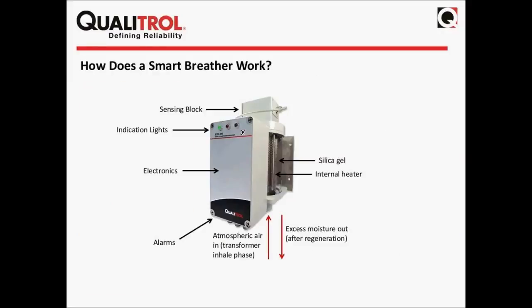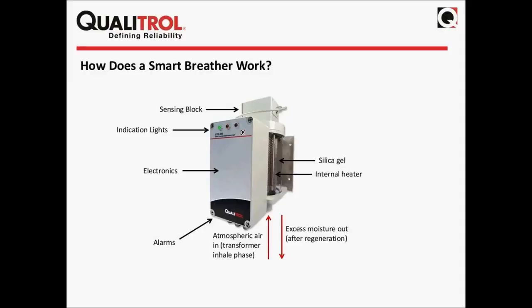So how does a smart breather work? You'll see here on the bottom in the red arrows, again, it brings the atmospheric air into the breather on the inhale phase. It's going to go through that silica gel layer. Once it gets to the point where the silica gel is saturated, either at a percent relative humidity or a time-based threshold, which you can set in our unit, then the internal heater is going to turn on.